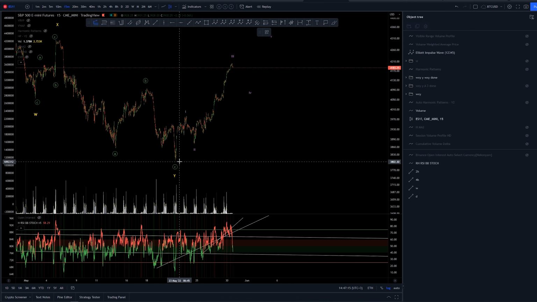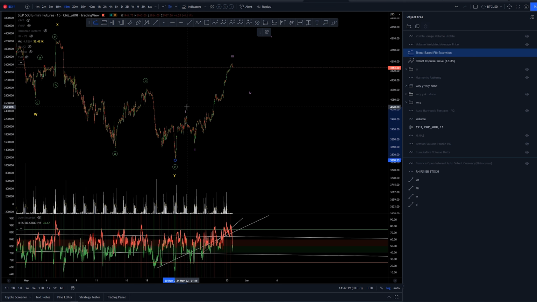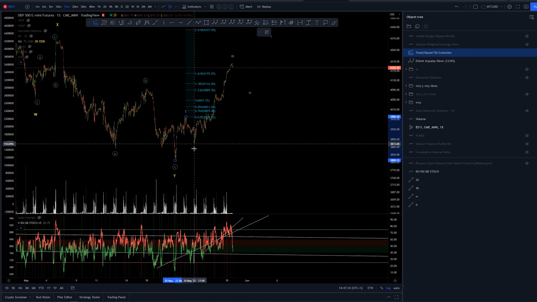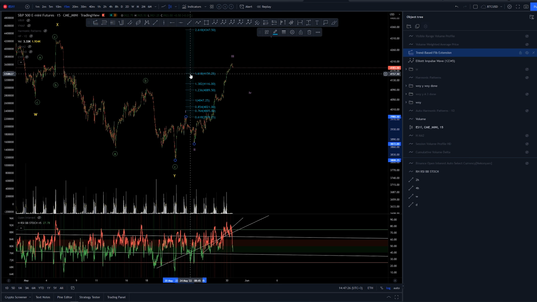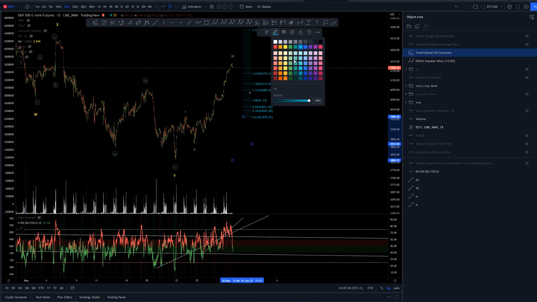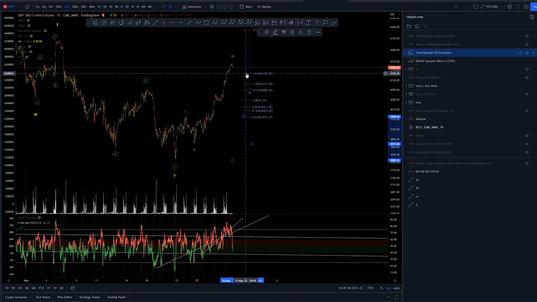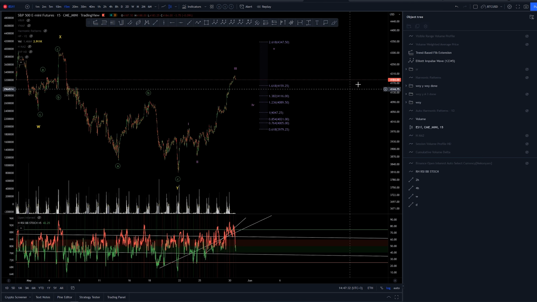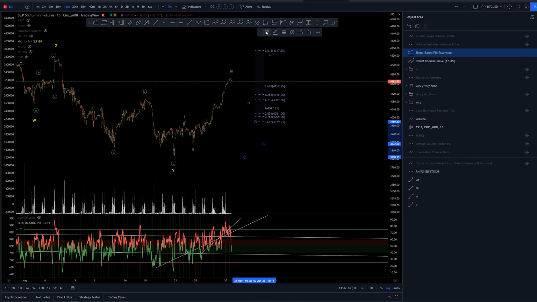Let's take a look at the extension here, what we are getting at. I think it is pretty extended already. Here we go, trying to get the right extensions here. So yeah, well, not too extended to be honest. It's just above the 1.618 here.